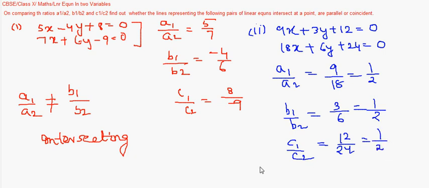So a1 by a2 equals b1 by b2 equals c1 by c2. That means, if you recall, this is about coincident lines. When you graphically represent these two lines, you find that they will be coinciding, thereby it will have infinitely many solutions.